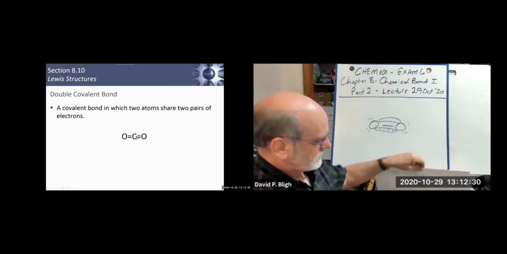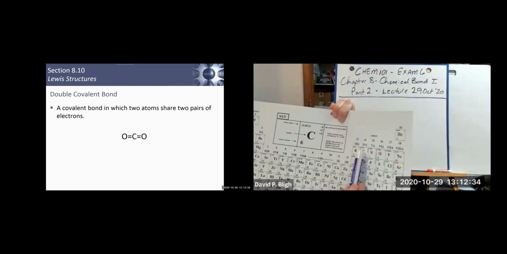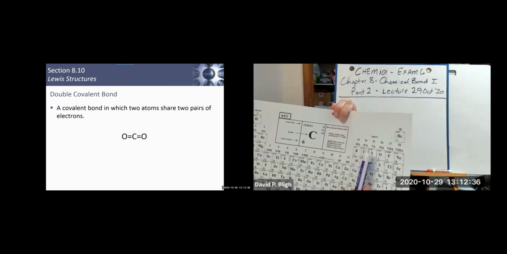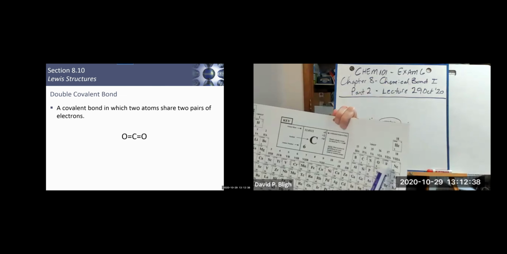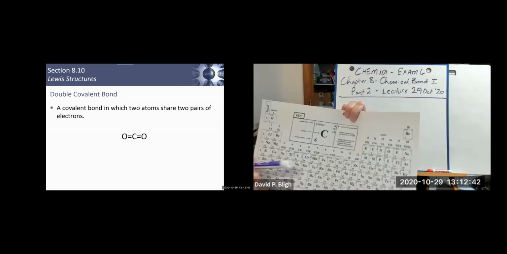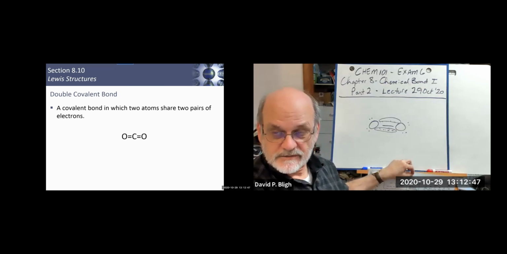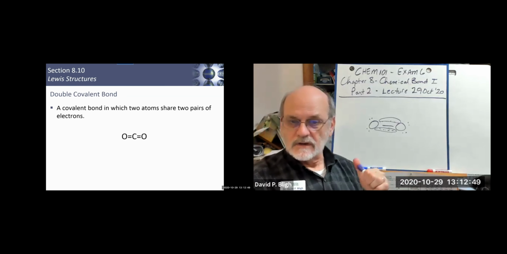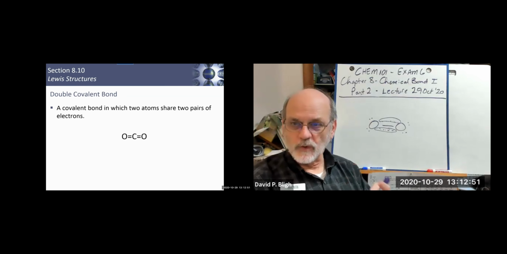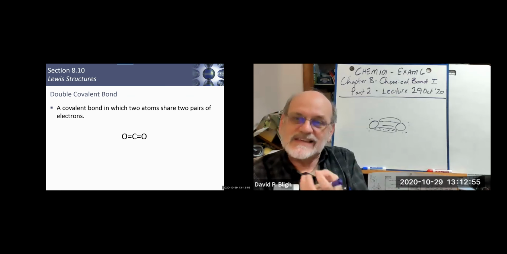Carbon's located right here. It needs 1, 2, 3, 4 electrons to look like neon. So it gets one of those electrons from each of those bonds, single and double bonds. That means 4 bonds, 4 electrons added to its already 4 electrons makes it look like it has 8.